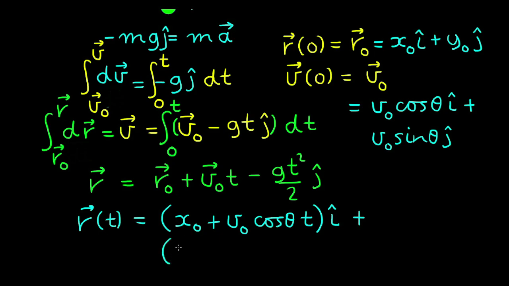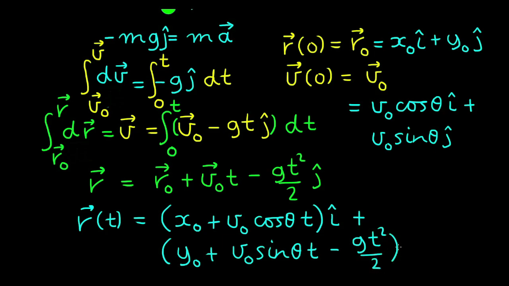So that would be y naught plus the vertical component of the velocity, which is v naught sine theta, times time t in the y direction, minus the gravitational acceleration times time t squared over 2. So this is the component of the position in the vertical direction.